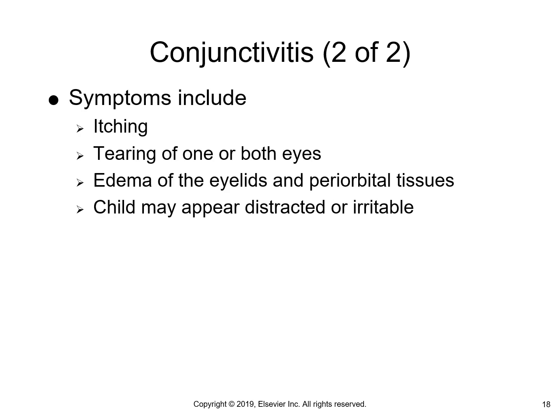All right, what are the symptoms? Symptoms include itching, tearing of one or both eyes, and edema of the eyelids and the periorbital tissues, and the child may appear distracted or irritable.